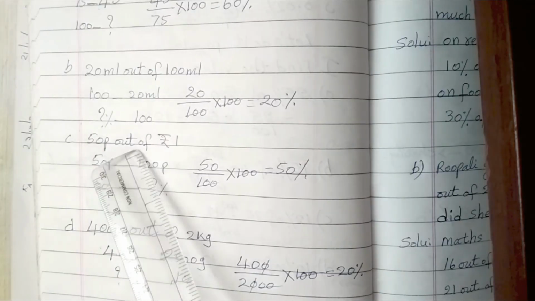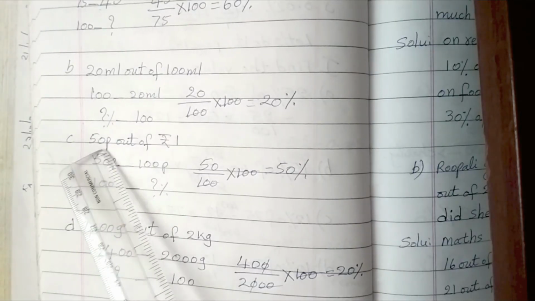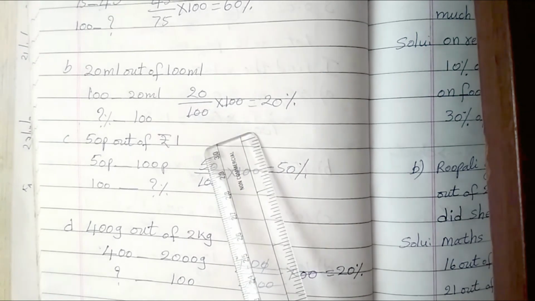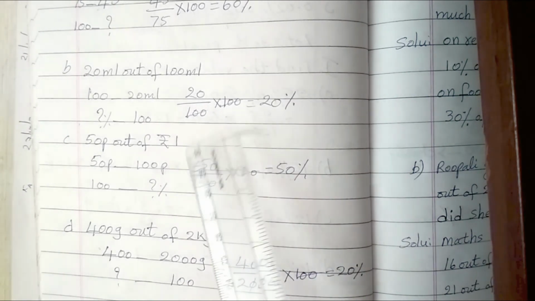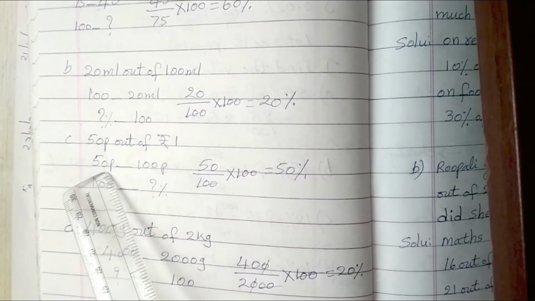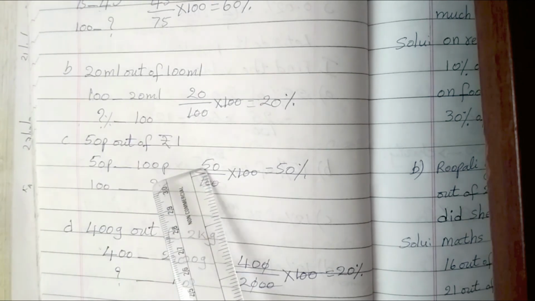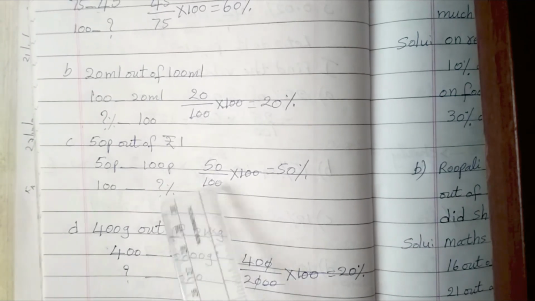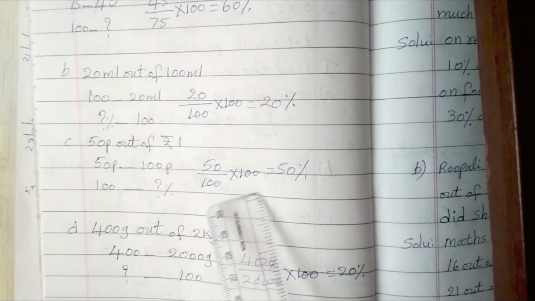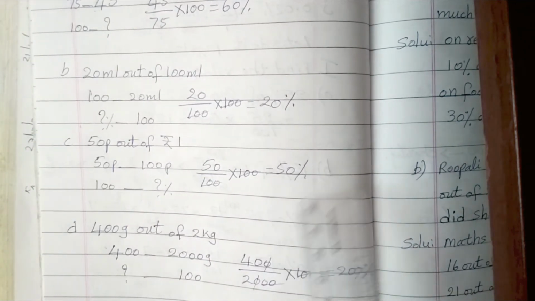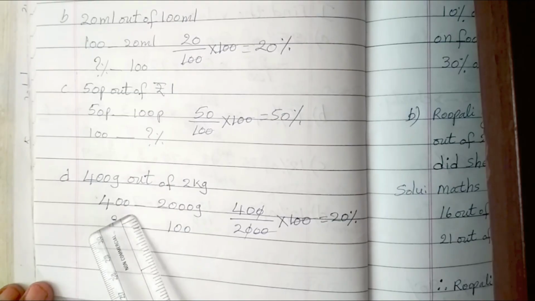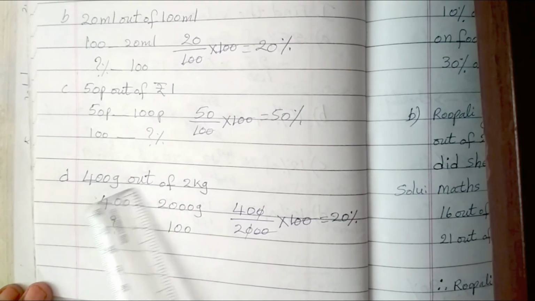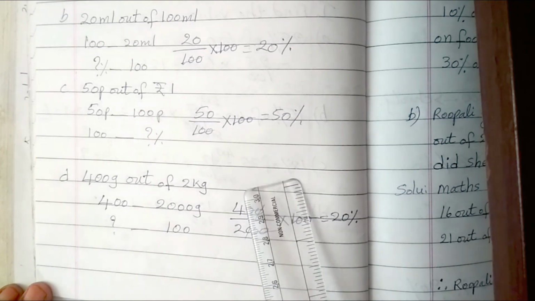Now C bit, 50 paise out of 1 rupee. 1 rupee means 100 paise. So 50 paise for 100 paise means for 100% how much it would be. So 50 by 100 into 100 is 50%.